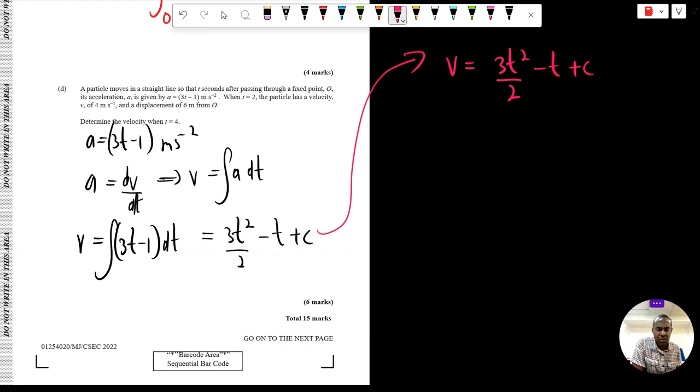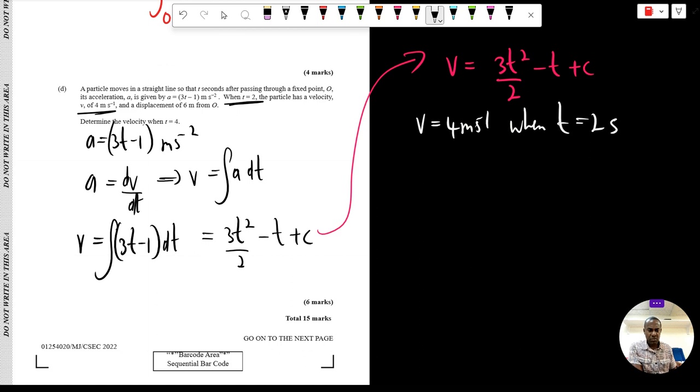And what information are we given that will allow us to find the value of our integration constant c? Let's go back to the question. We're told that when t equals 2, the particle has a velocity of 4 meters per second, right? So we say that v equals 4 meters per second when t equals 2 seconds. And this therefore will allow us to find the value of our integration constant c.